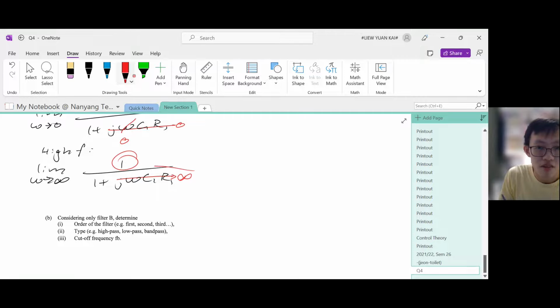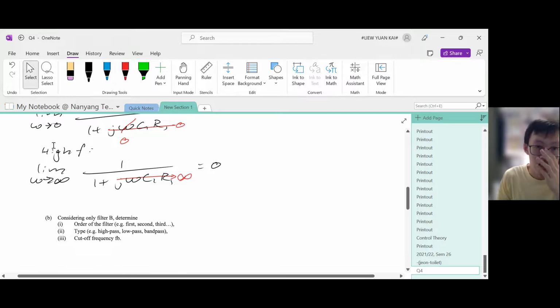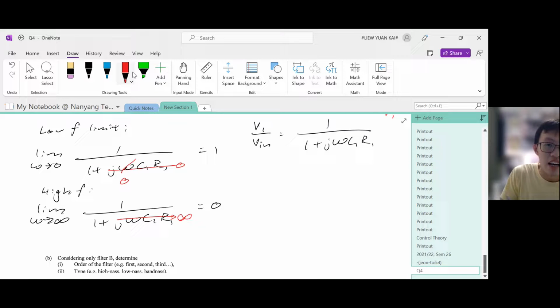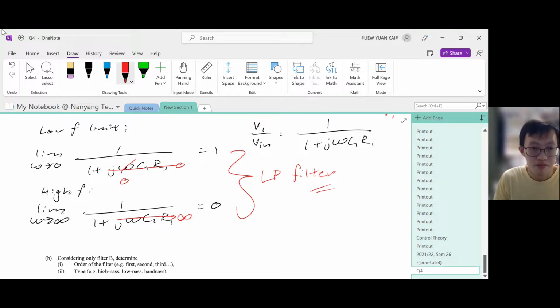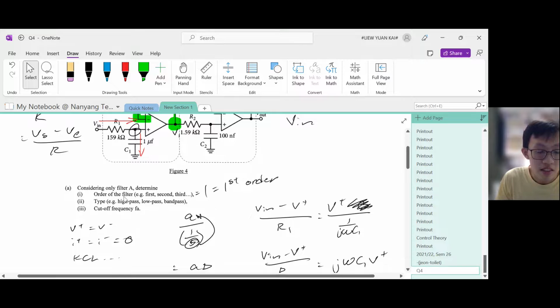So 1 divided by infinity becomes 0. So this approaches 0. Now let's check the results. At low frequencies, there's something. At high frequencies, there's nothing. So that means this is a low pass filter. As simple as that. So we've answered question 2.